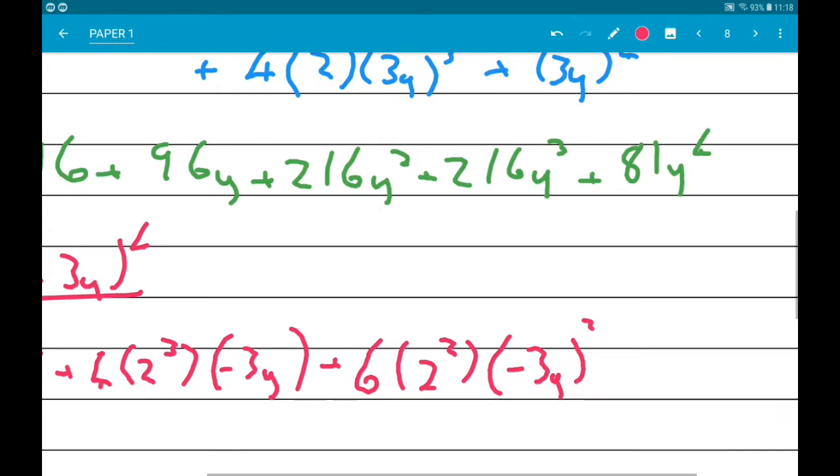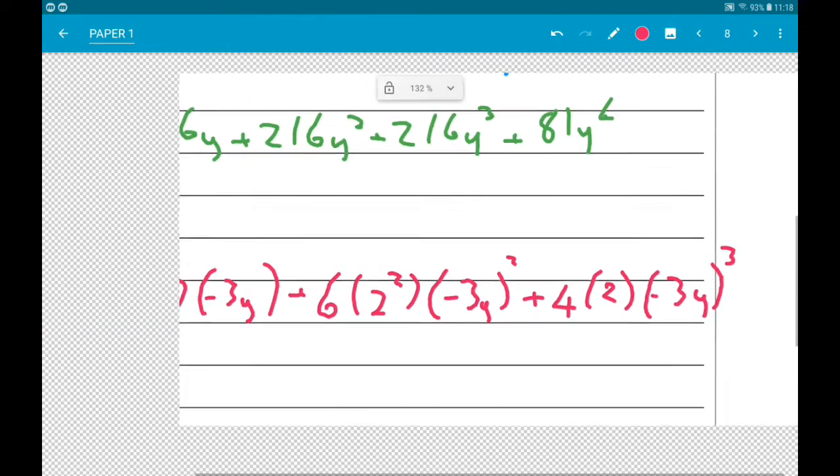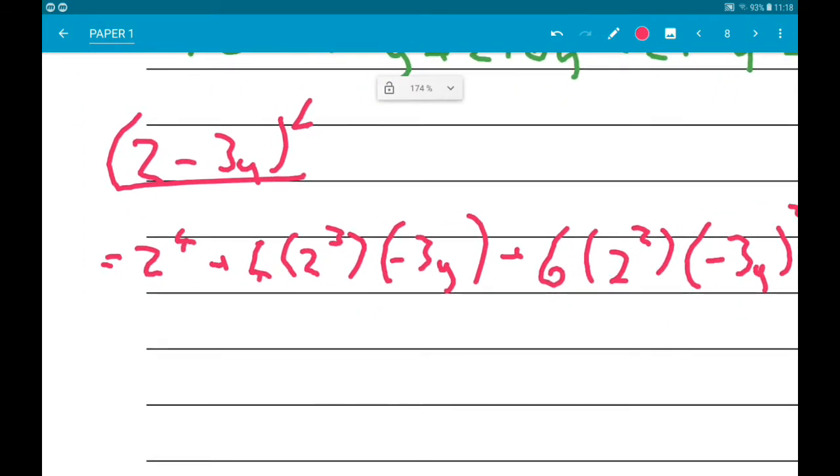Add 4 times 2 times minus 3y cubed, and then the final term is add minus 3y to the power 4.